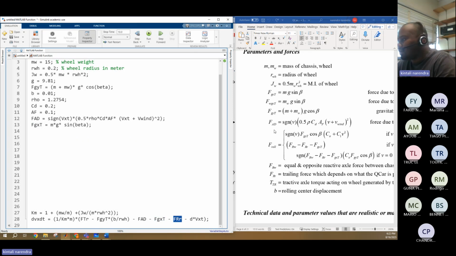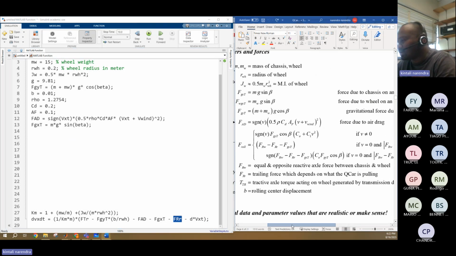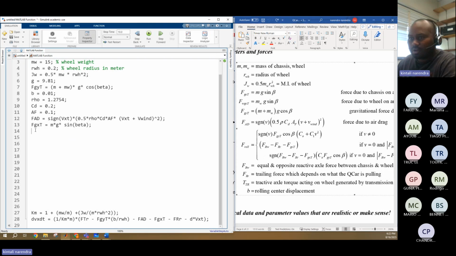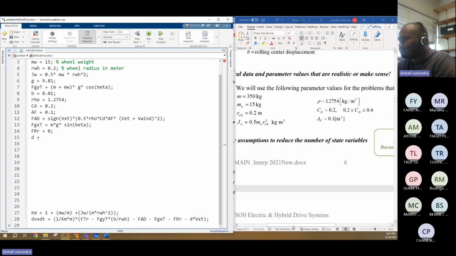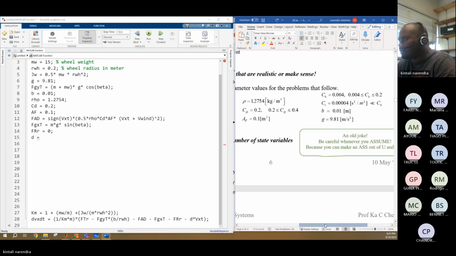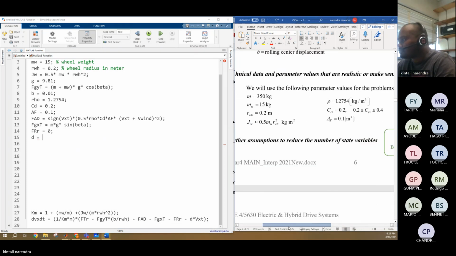You need FRR, the trail force. Trailing force depends on what the quarter car is pulling. You can make FRR 0. Imagine there is no trailer attached. And D, need D, viscous coefficient. Where is D?